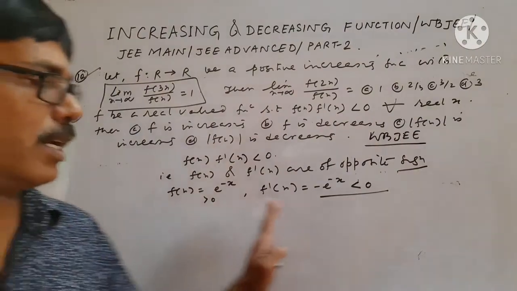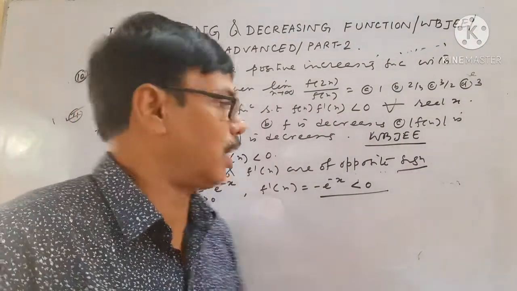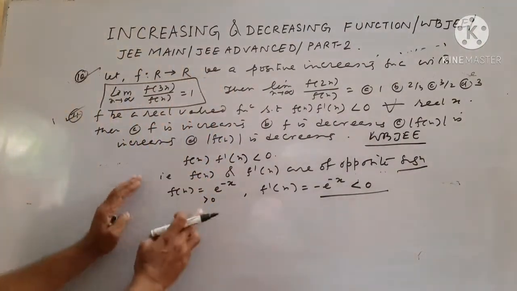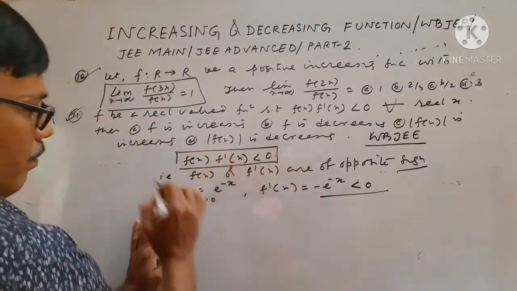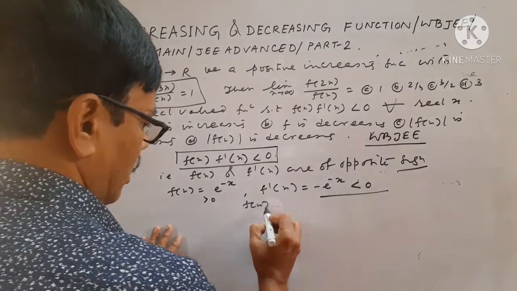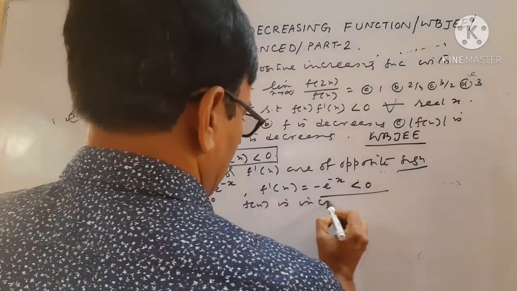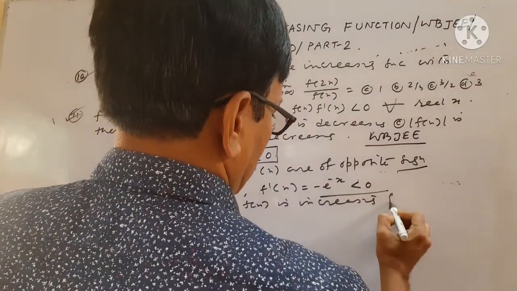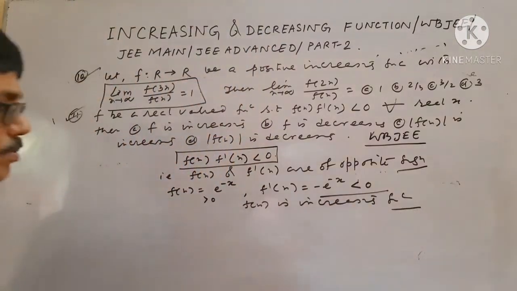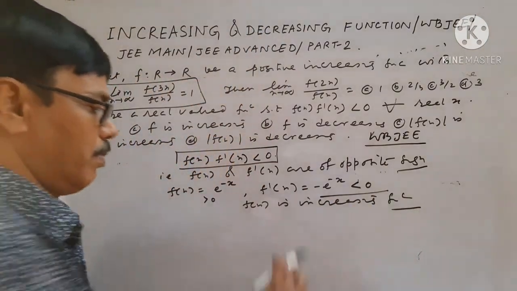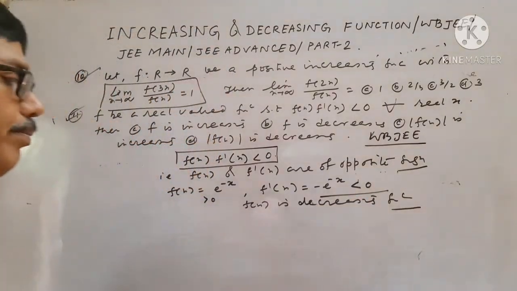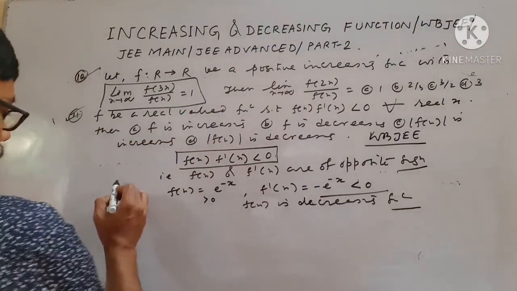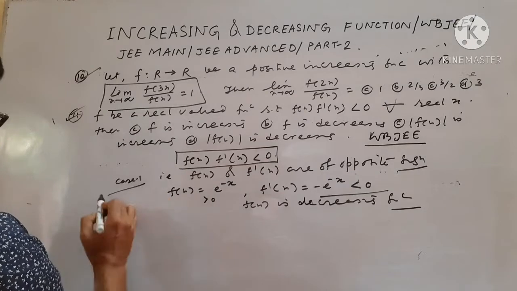So fx and f dash x are of opposite sign. So this satisfies given condition. So we can say fx is increasing function. Sorry, fx is decreasing function. Now case 1, suppose this is case 1.